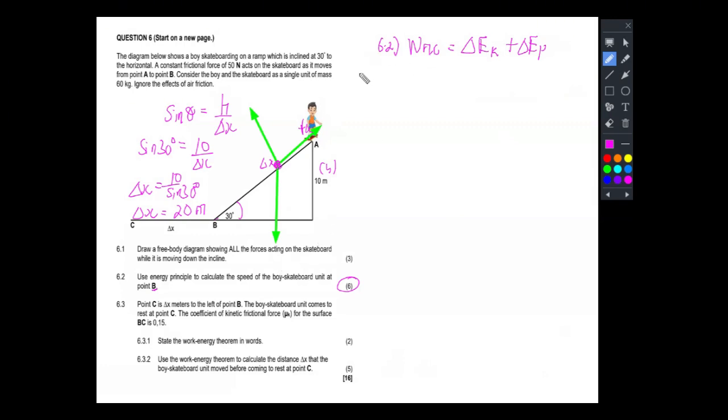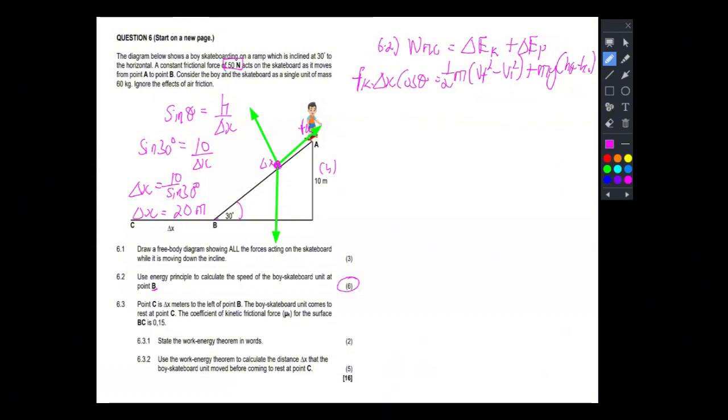So that means we can replace here by Fk delta x. Okay, so do we have the value of Fk? Yes, 50 newtons. So Fk delta x and then cos theta is equals to what? Half mass Vf squared minus Vi squared plus mg, and then height finally minus height initially.